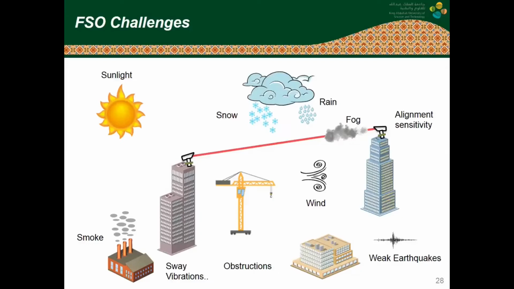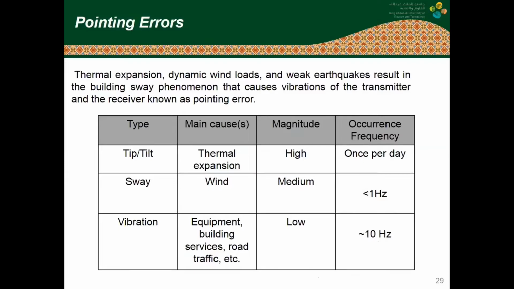Now, of course, one other important problem is alignment. Free space optics offers you super high capacity, from multi-gigabit all the way to terabit per second, but this is under the assumption that transmitter and receiver are perfectly aligned. In the real world, you may have to deal with micro vibrations, weak earthquakes, dynamic wind loads, and thermal expansion between day and night, that result in vibrations, including building sway.